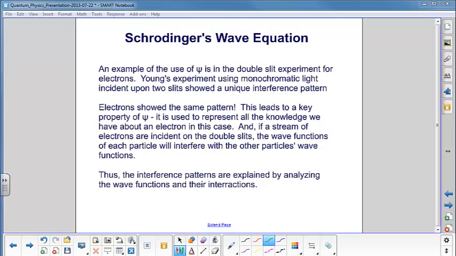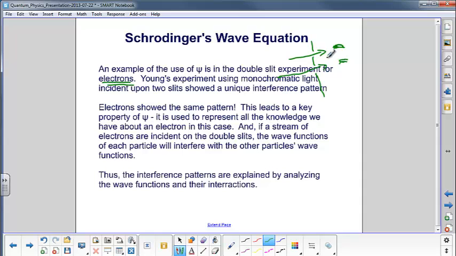An example of the use of psi is in the double slit experiment for electrons. Young did the experiment with photons, with light, and he showed that there was a unique interference pattern. So remember, we had the two slits here. There's one slit and there's another slit. When light came through, you would have expected a bright patch of light here and a bright patch of light here, and you didn't have that at all.